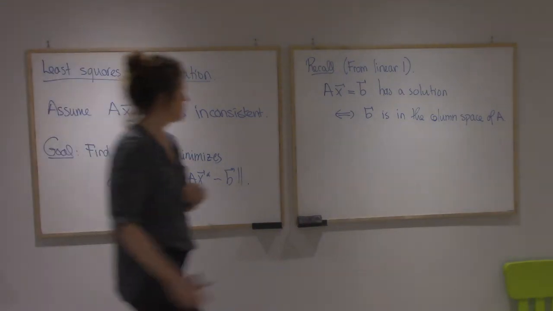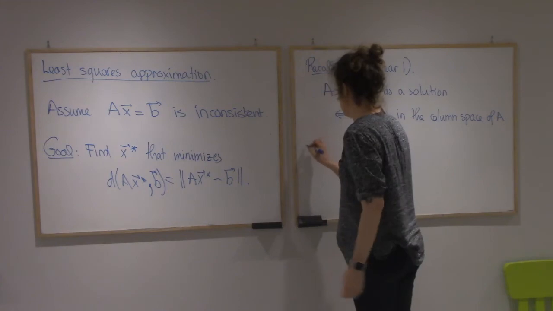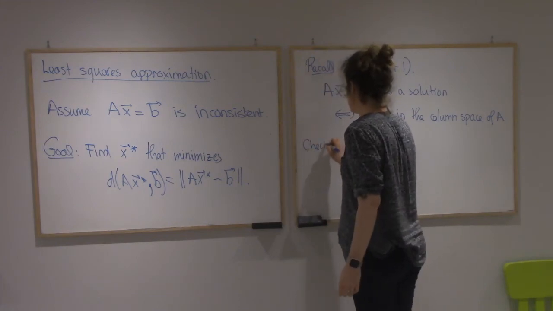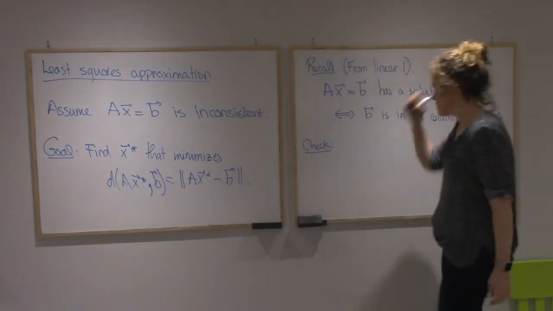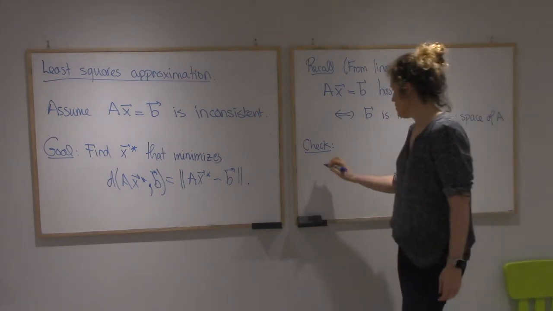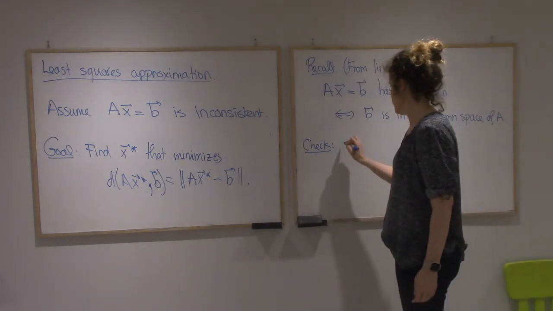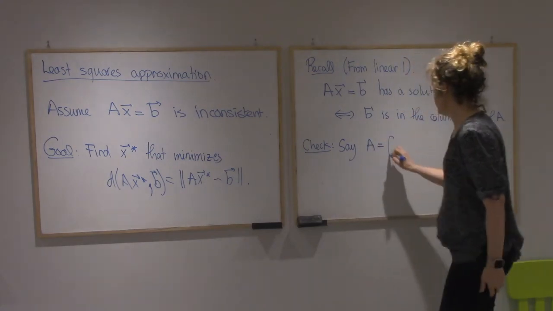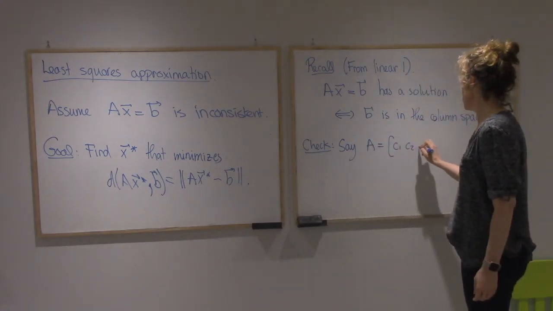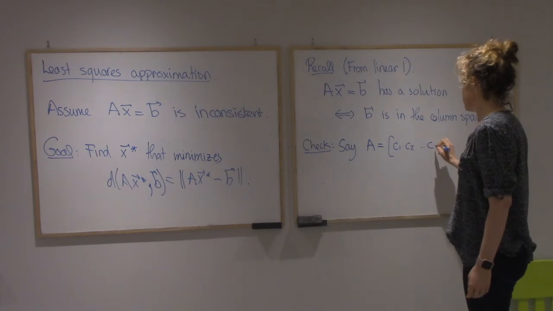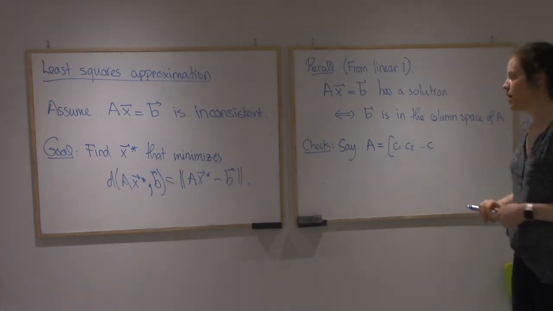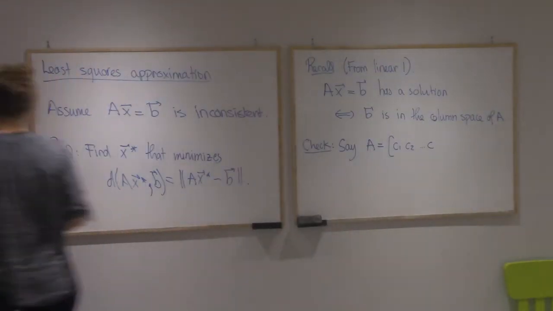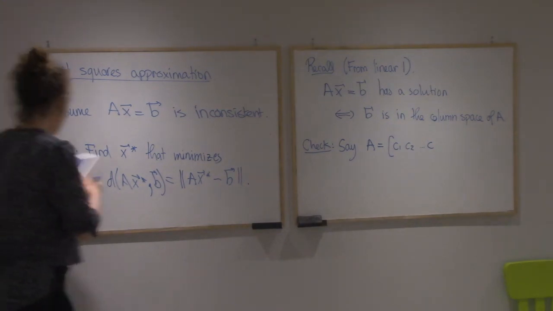Actually, let me remind you how that works since it's in your notes. Let me write A as column 1, column 2, up to column n.